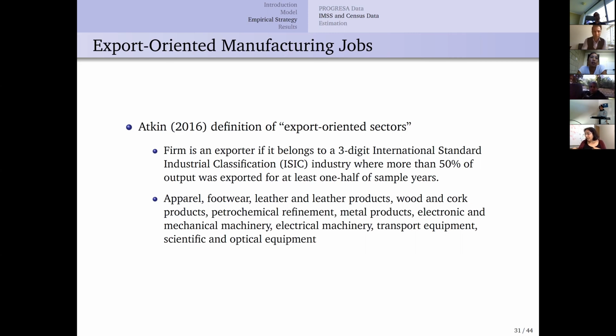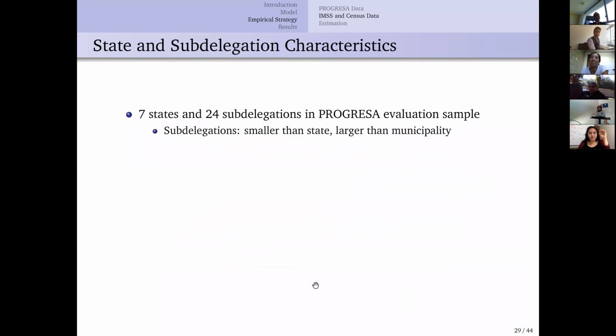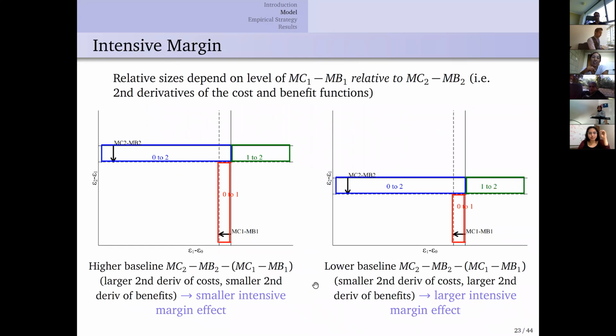And my second question was about the rectangles, the red, blue, and green ones. Should I go back to those slides? Are you relating any of your results to this rectangle? No, I'm not relating any of my results to this.